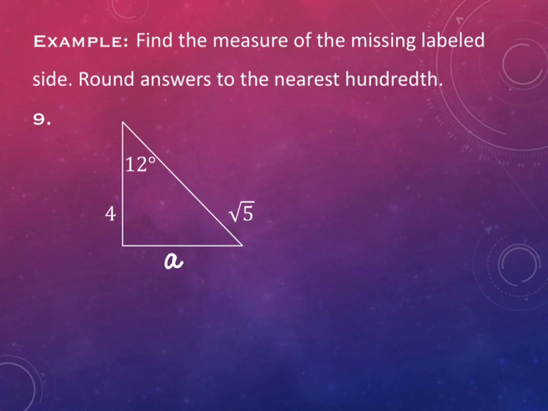So let's use the 4 and the 12-degree angle. Let's say we did not know the square root of 5. If I use these pieces of information, what trig function will relate the 12-degree angle to these two sides of my triangle? Think SOHCAHTOA. Tangent. It's tangent with the ones I've listed. Tangent is opposite over adjacent.